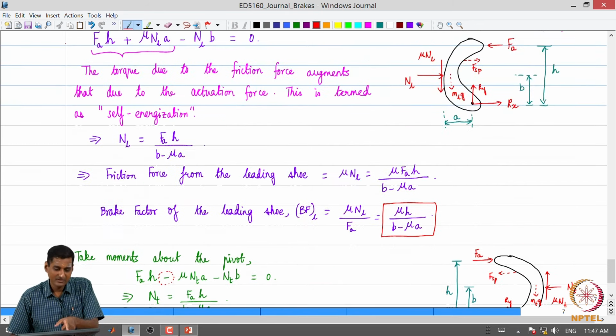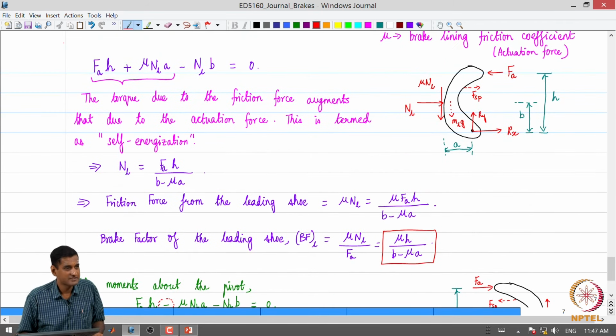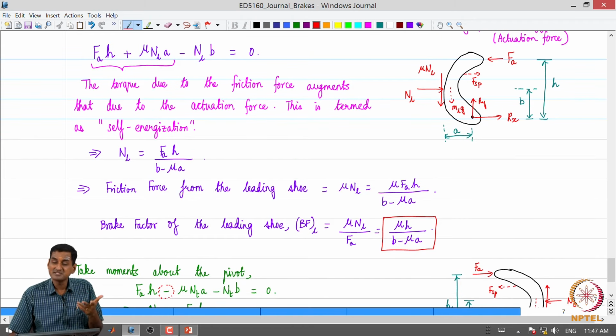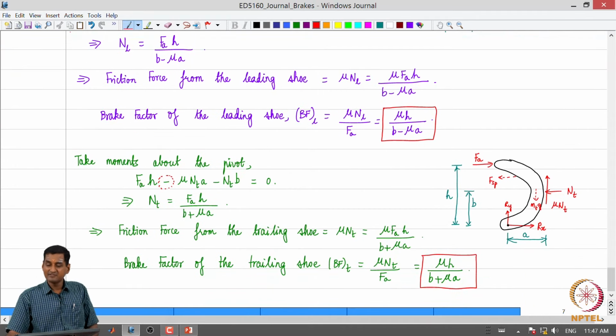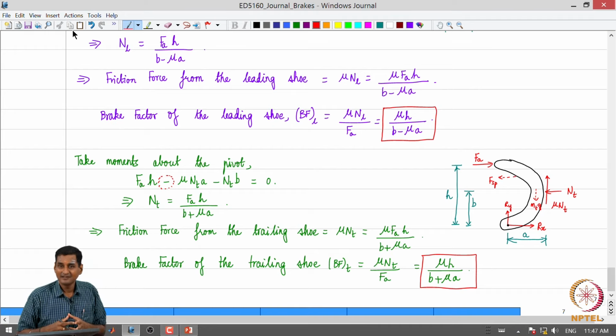Due to this concept of self-energization, because the friction force is aiding the actuation force in terms of the torque generation. So, that is the difference. You can see that the leading shoe leads the trailing shoe in the brake force generation.